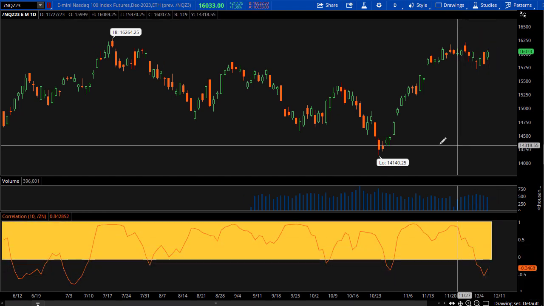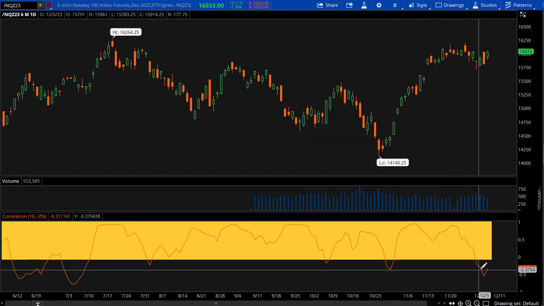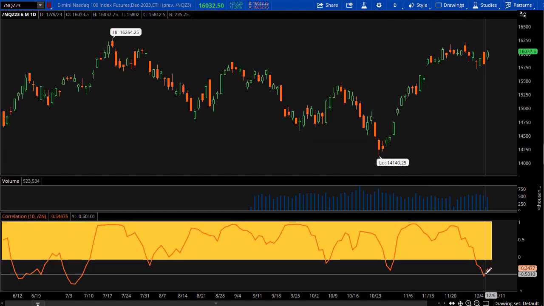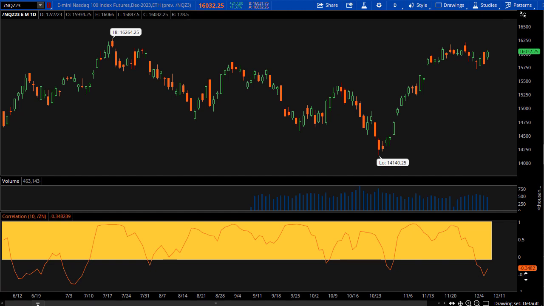But if we look back historically and look to when those correlations went inverse, and specifically I like to see more than 50% correlation. If we see the inverse correlation to the tune of 50% or more, there's something broken in that move. We could call it a divergence of intermarket correlation.